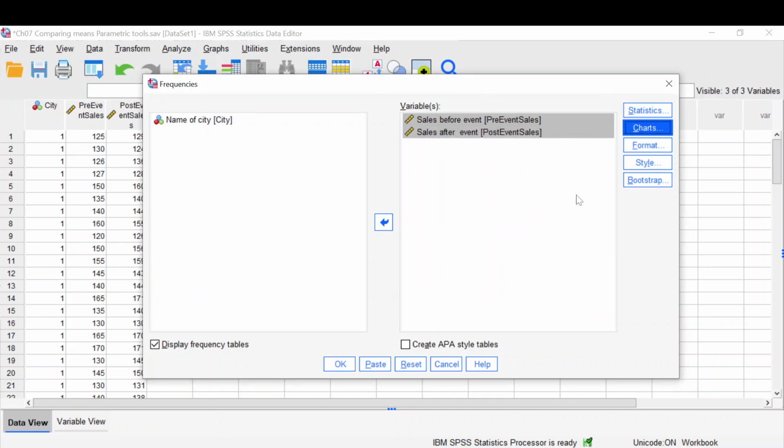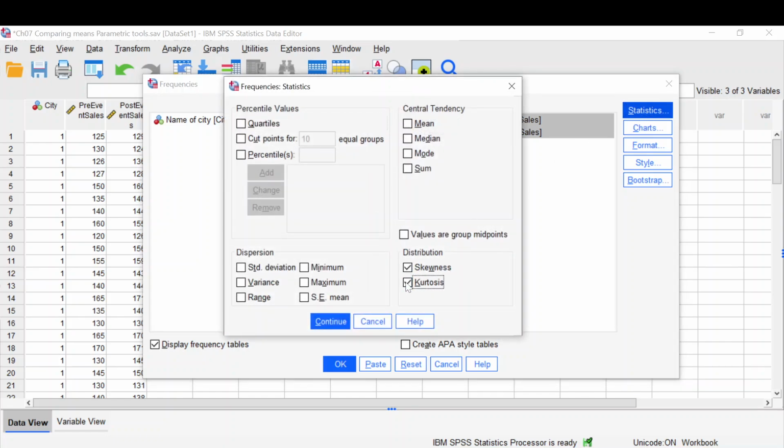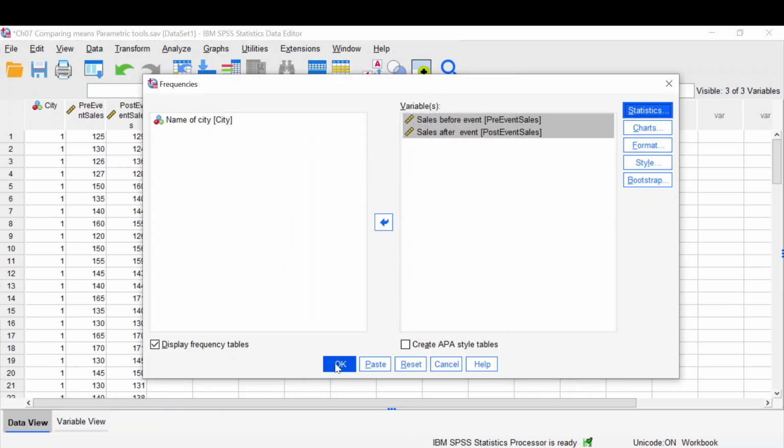If you really want to check the normality, you can also go into statistics and add skewness and kurtosis, and this will give you those between negative 0.5 and positive 0.5 values. So we know that if we're above or below those two values, we might have an issue with skewness or kurtosis. And then we can press continue and OK.